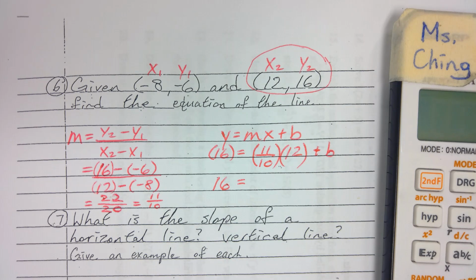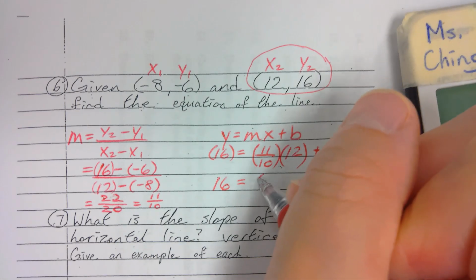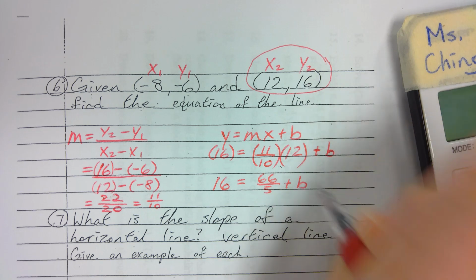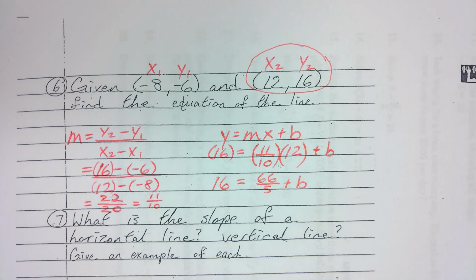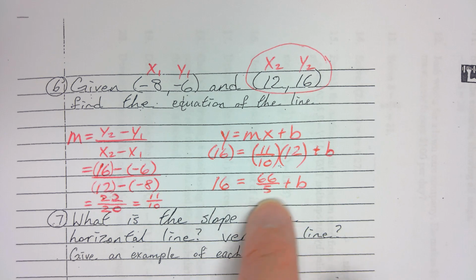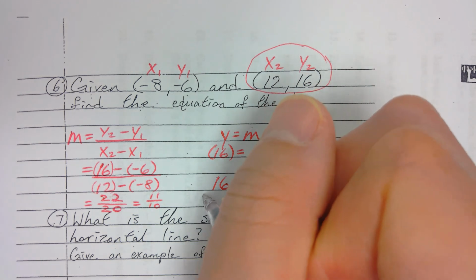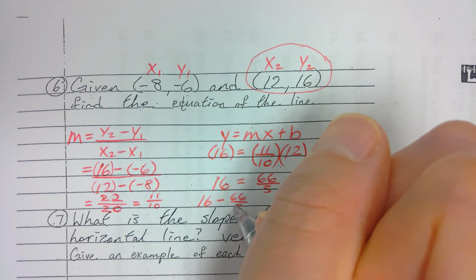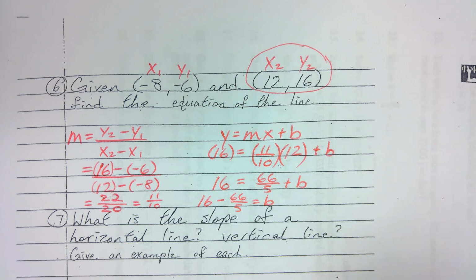You can reduce that to 66 over 5. And then you can move this over now. So 16 minus 66 over 5 equals b.